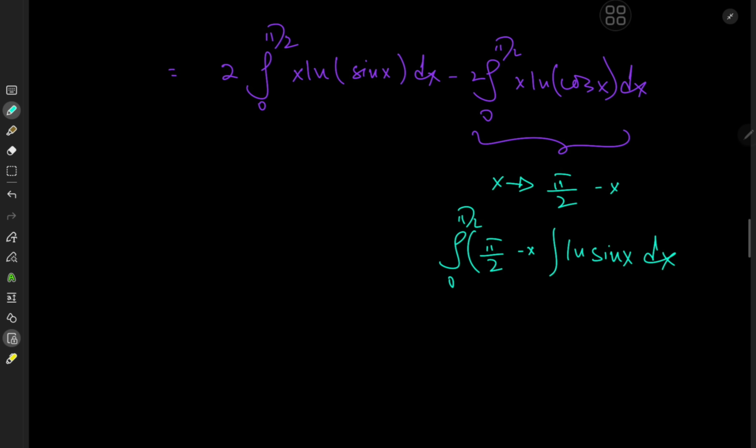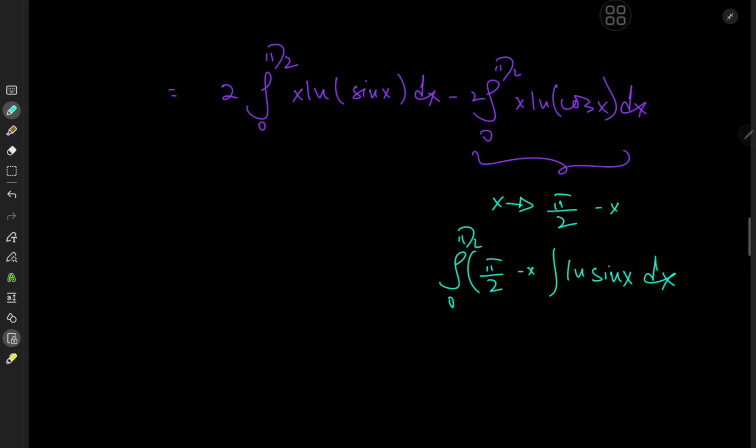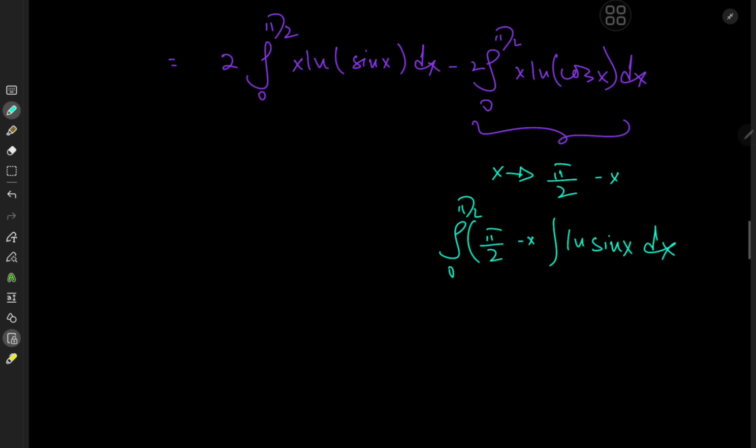And this is nice because we have, well, pretty much the same thing over here. And this is going to be multiplied by 2. So that means we have, yes, 4 times that integral.